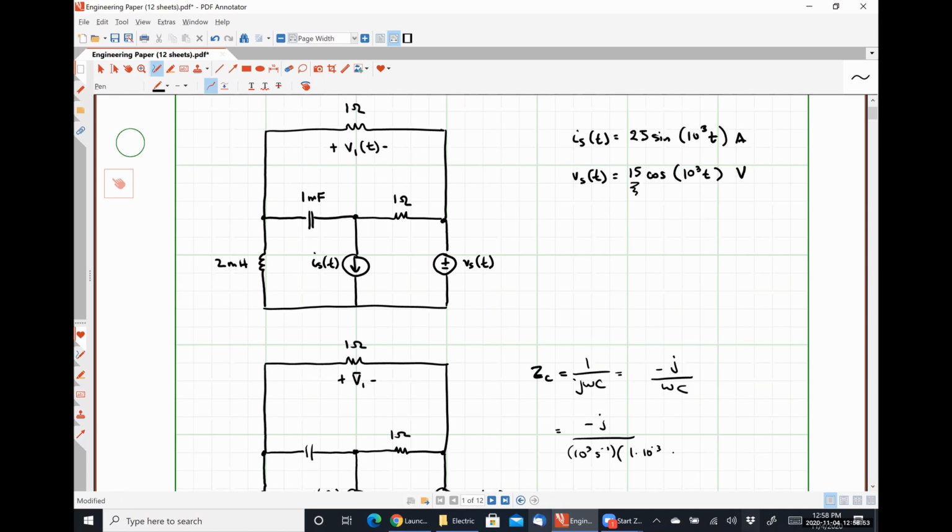Let's see, a farad is an amp second per volt. So the second cancels out the per second. We have 1 over amps per volt, which is going to give us units of ohms. So negative j divided by 1 is simply negative j1 ohms, I believe.